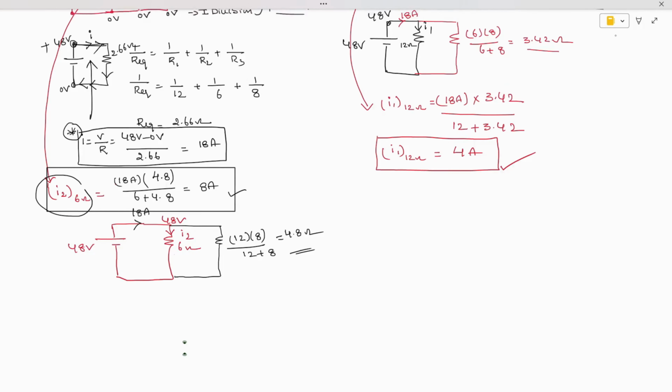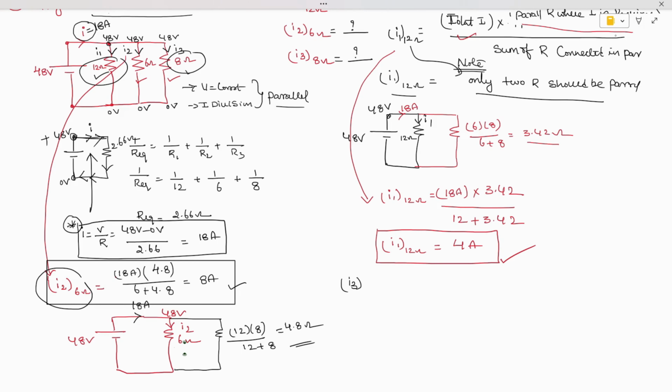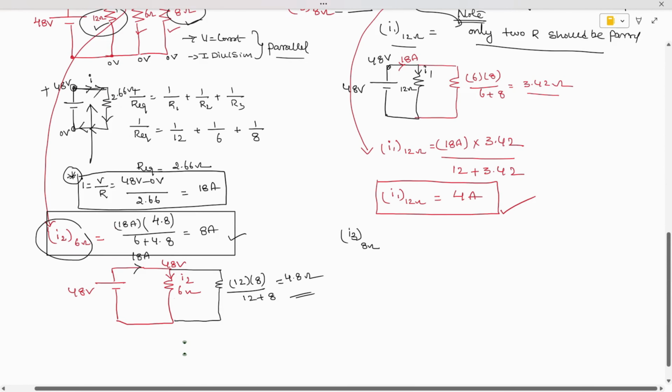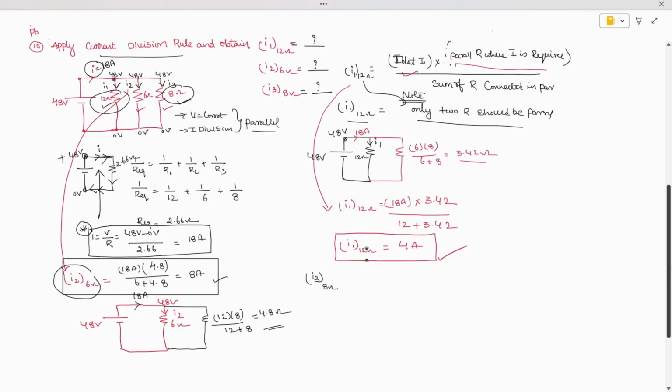So this is the value of I2. Okay. Now let us try to find out the value of I3, which is nothing but across which resistor? 8 ohm resistor. So for this, I'm going to redraw the circuit. So current across 8 ohm is equal to, I'm going to redraw the circuit.